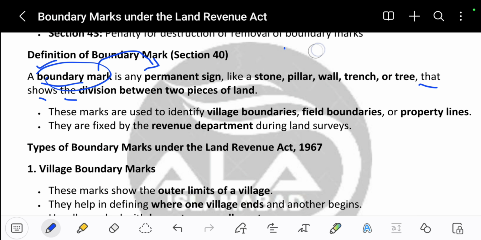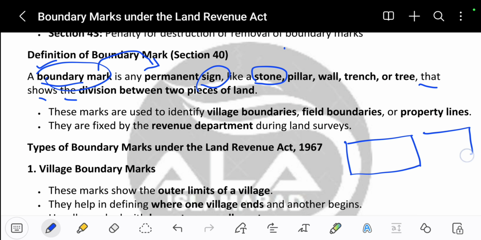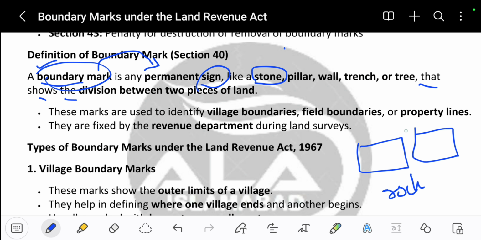Those indications or signs can be made by stones. This is a land over here and this is a land over here. You can put a stone over here. Stone means a rock, or any kind of stone. Placing stones like that is also a boundary mark. If you don't have stones, you can include pillars.